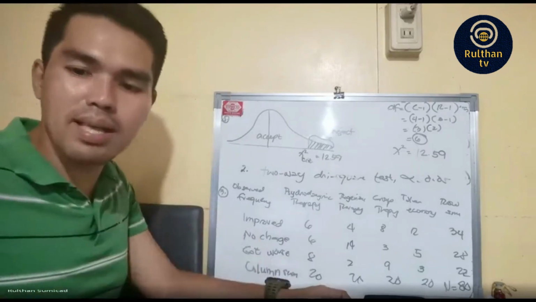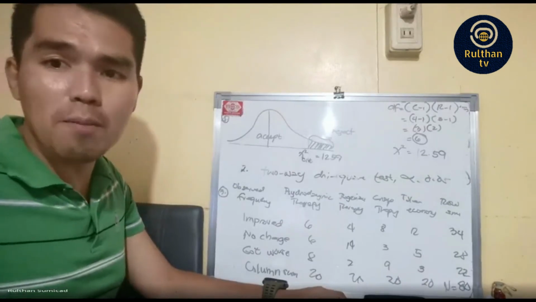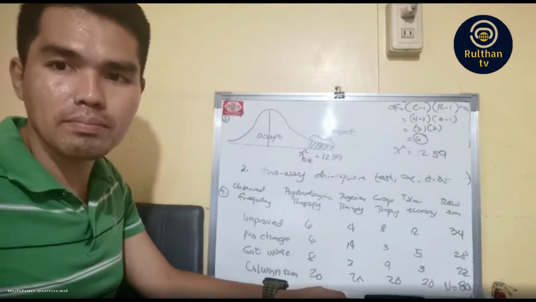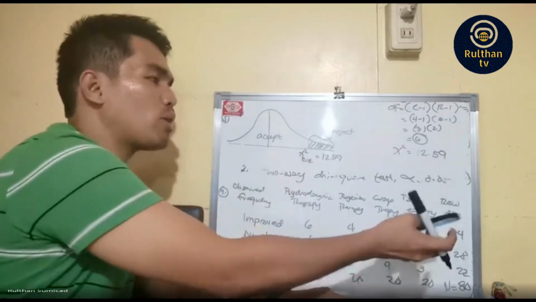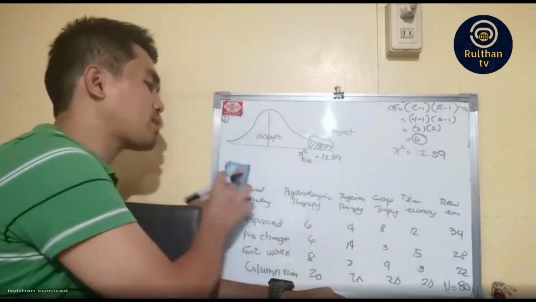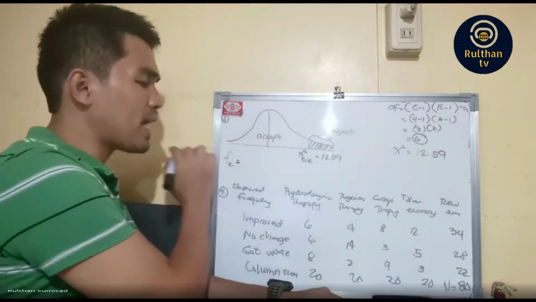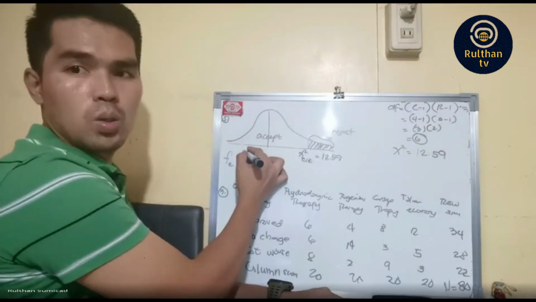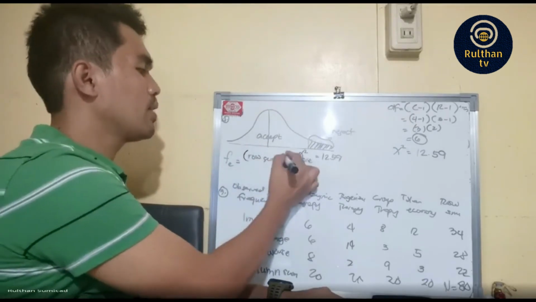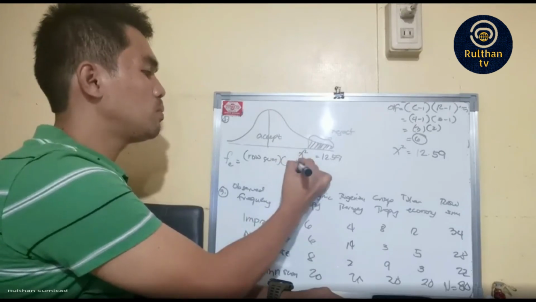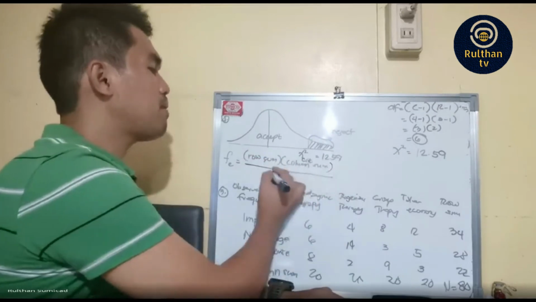Our step 5 is the computation. For the computation, we already have the observed value. What we need is the expected value. How do we compute the expected value? We will use this formula. Expected value is simply row sum times column sum divided by n.